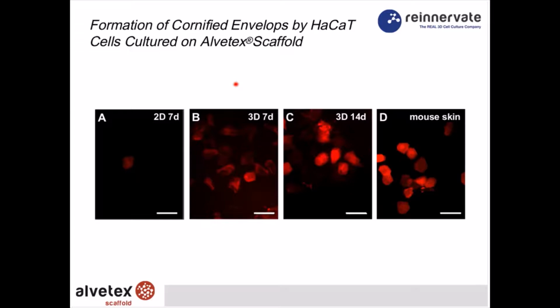What remains are the ghosts of those cells, which are full of lipids and ceramides, and they can be stained with lipophilic fluorescent dyes. So we can see here, if you do that in a 2D culture, you get very few of these cornified envelopes formed, whereas in 3D you see a far greater number, and these are the cornified envelopes from real skin, which are comparable to those we are viewing in 3D culture.